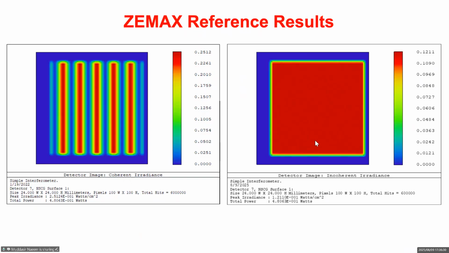But for the same detector in an interferometer, when I simulated the incoherent irradiance, it came out like that. It means the two beams are approaching, whether coherent or incoherent, but in a coherent way they give us this fringe pattern, and incoherent irradiance means the light is just approaching the detector.